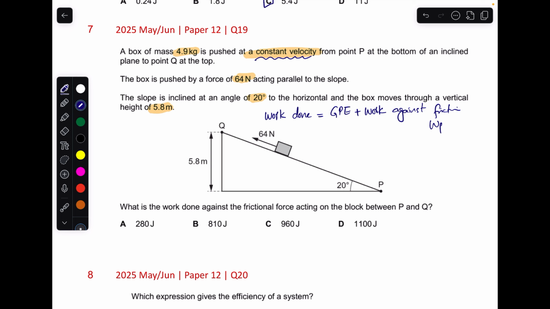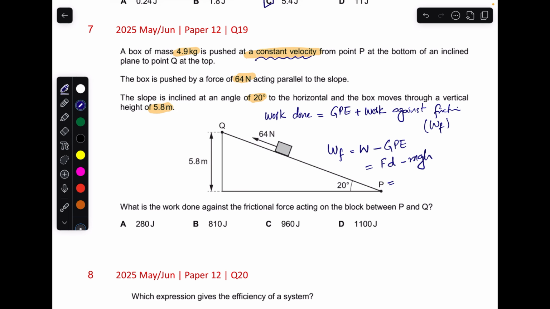I'm calling work against friction WF. So we know work done against friction, then this thing will go on the left side. No, this will remain here. Sorry, this GPE will go on the left side and it will remain there. So WF will be equal to work minus GPE. Work done is force into displacement minus mgh.